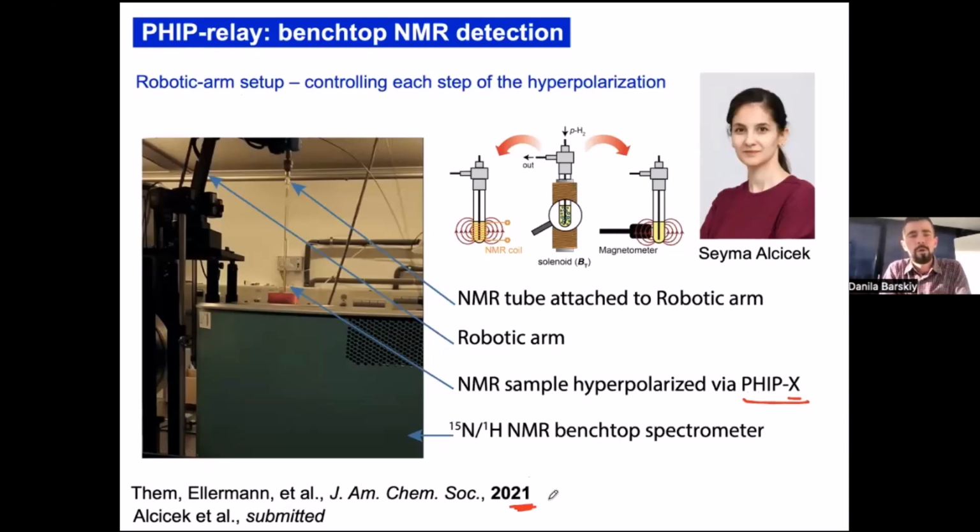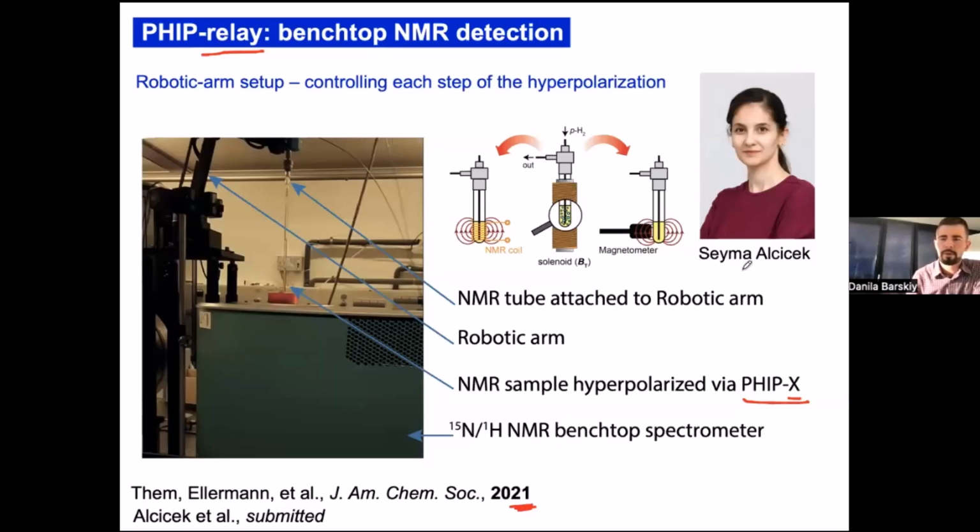So I would call this technique PHIP relay, in analogy with SABRE relay, because the mechanism is very similar. Instead of SABRE, you use a PHIP parahydrogen-induced polarization reaction, and you relay by chemical exchange your exchangeable protons to further molecules which you want to polarize.